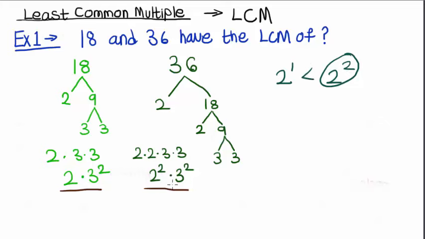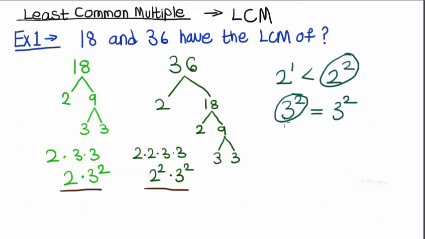But in both of these cases, I have a factor of 3 to the power of 2 for 18 and 3 to the power of 2 for the number 36 as well. So it doesn't really matter which one I end up picking since they're both equal. And then I move on to the third step, which tells me that I need to multiply the greatest power of the factors from step 2.